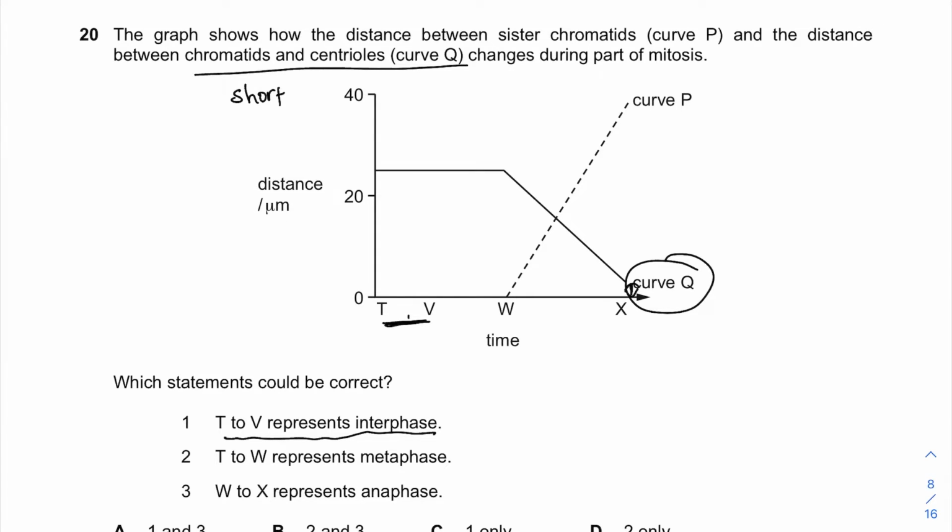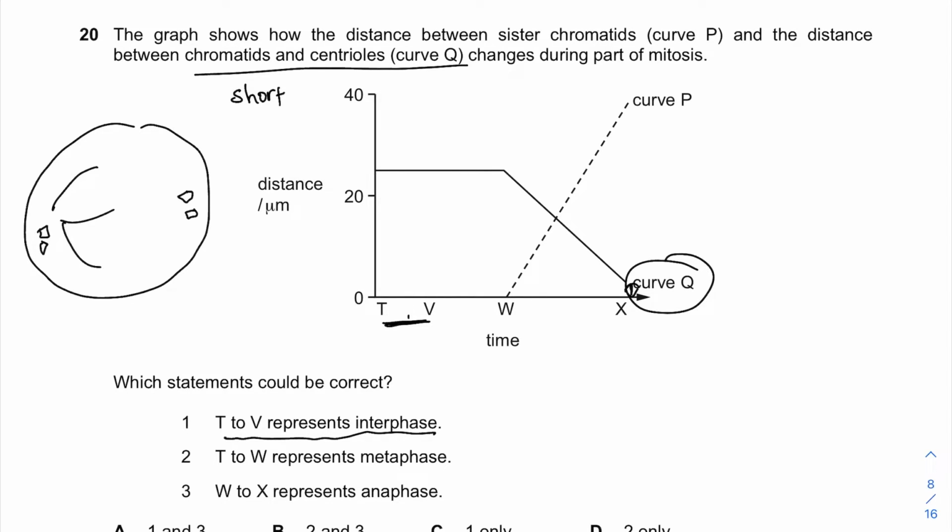And during metaphase, your chromosomes align in the middle. So this is the distance between centrioles and the chromatids. This is incorrect. So option 1, option A and C is incorrect.